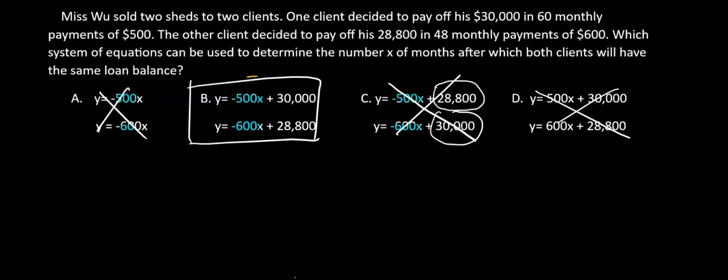And y equals negative 600x plus 28,800 says the second client has a debt on his paper of 28,800, and each month he's going to pay back. So each month we're going to write him a new statement, take away 600 until he finally pays off.